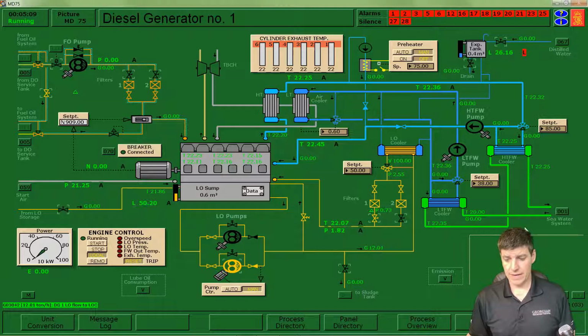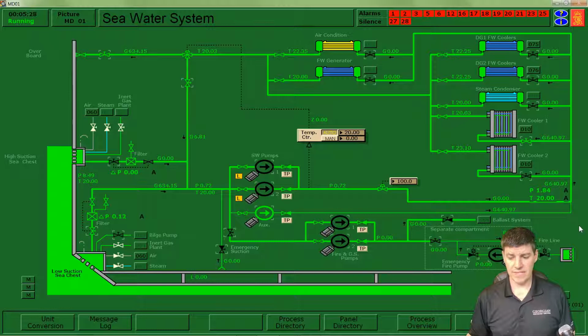Okay. My next system is going to be my seawater system, and I need to provide it with seawater. So I'm going to backtrack to number 1. And before I do that, I'm just going to take note of where I came from. And where I've come from is page 7.5. So if I scan around on this page, what I'm looking for is my little indicator box that I've come from, number 75.